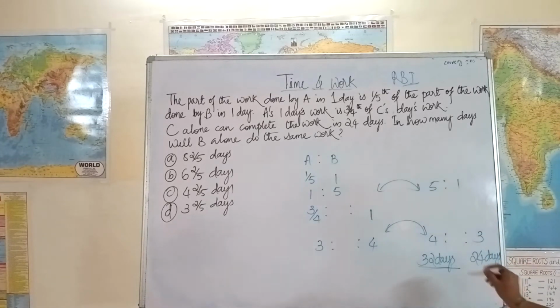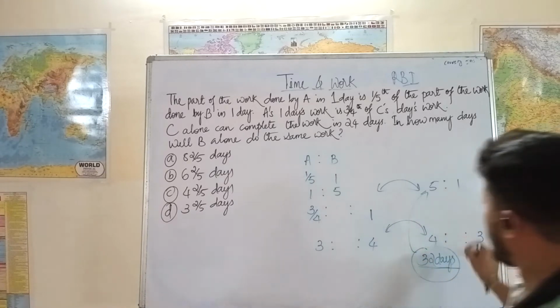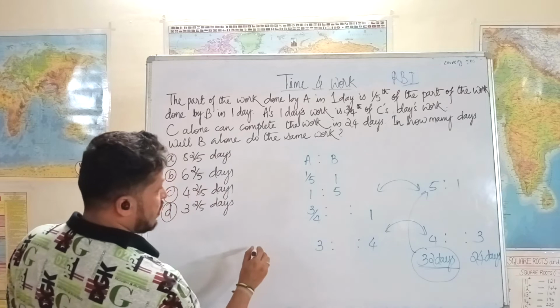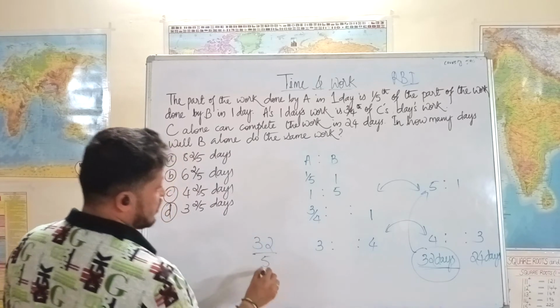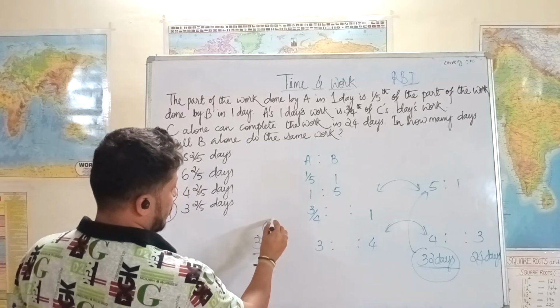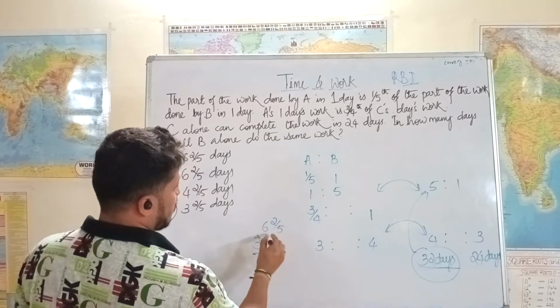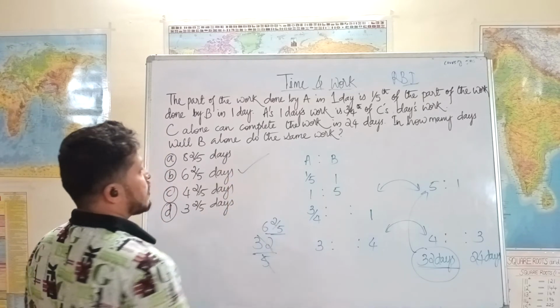Right? So now we have 32 days as A's time. Then B would be 32 divided by 5. That means 5 6s are 30, and remaining 2 will be divided by 5. We have 6 2/5 as the right answer.